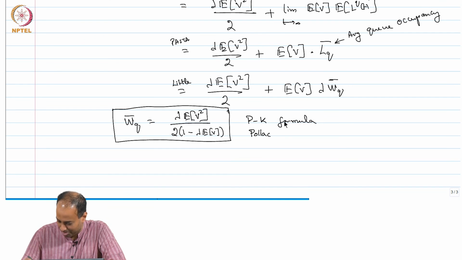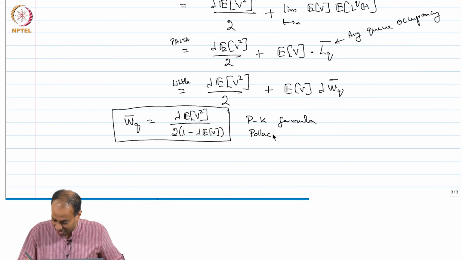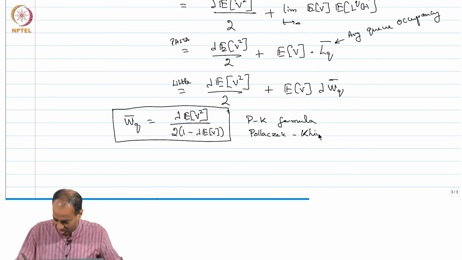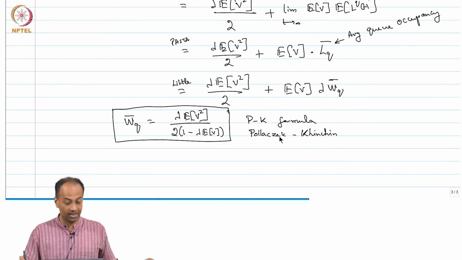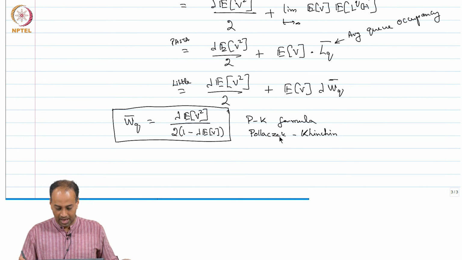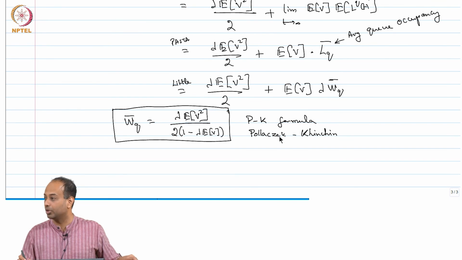I am going to spell this incorrectly, I think. So, Pollaczek, I think this is it, Pollaczek Khinchin. Okay. This is the famous Pollaczek-Khinchin formula for the average waiting time in an M/G/1 queue.